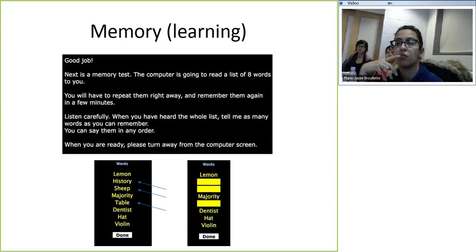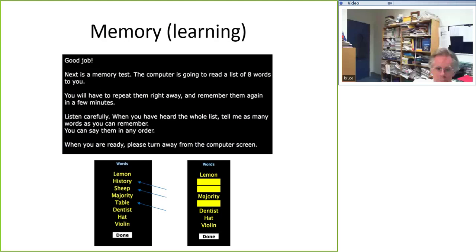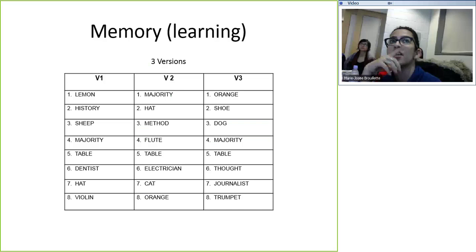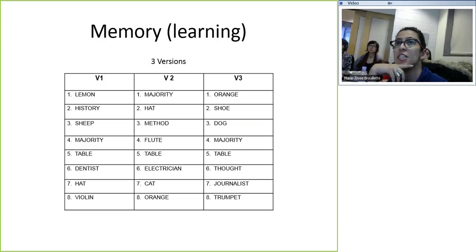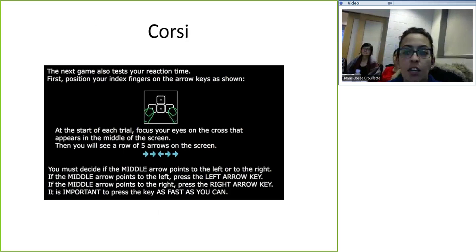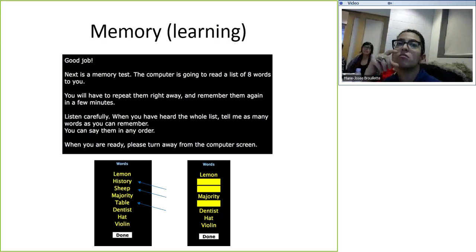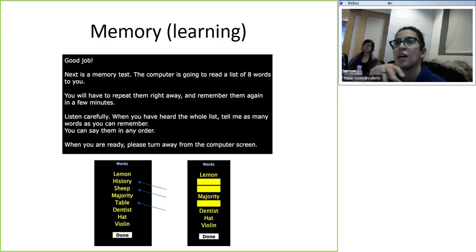There are 3 versions of the words for different visits, and as the participant says the words, we just click on them. We ask them to keep them in mind for later. So that's the memory learning.